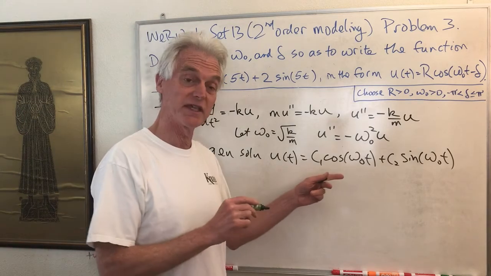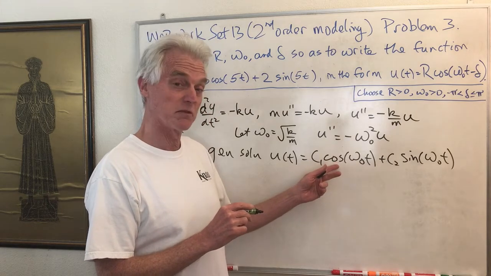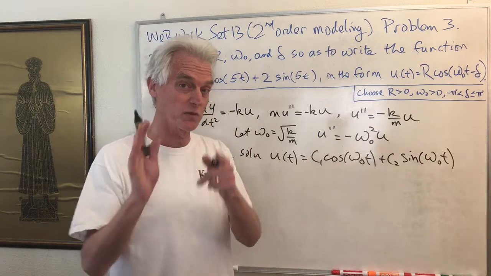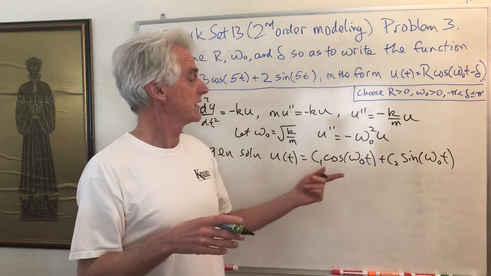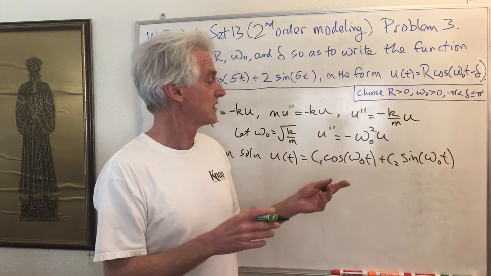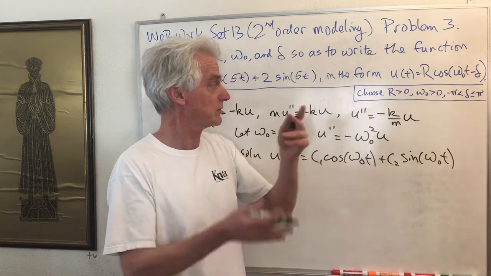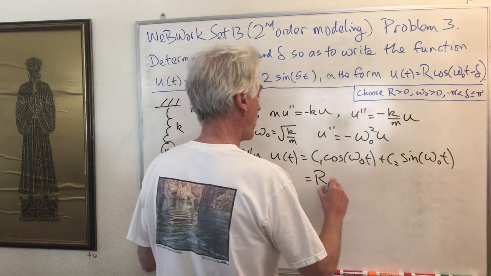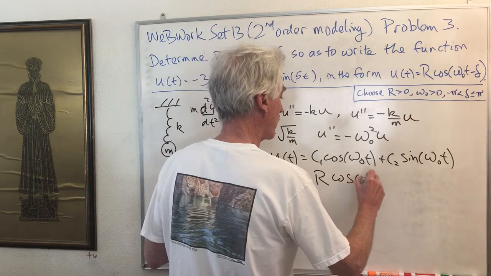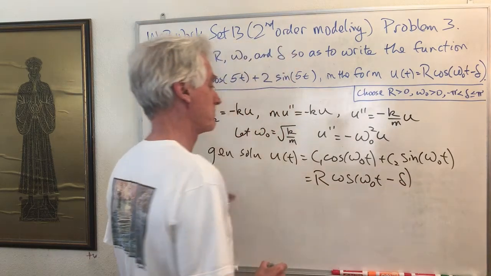One of the best ways is that the sum of a cosine and a sine, both with the same period, 2 pi over omega naught, can be written as just a cosine with some other amplitude and some phase shift. So we can write this as r cos of omega naught t minus delta.